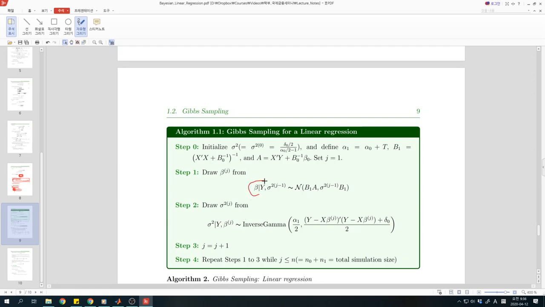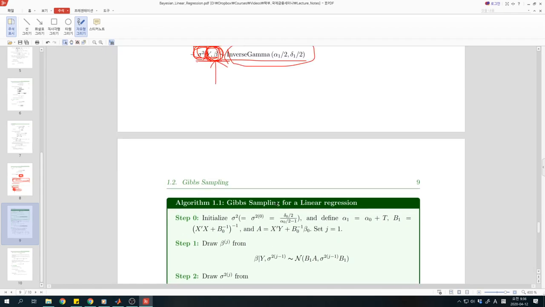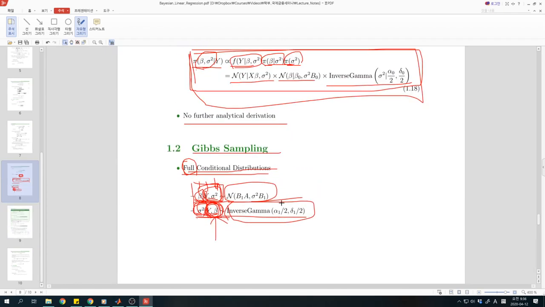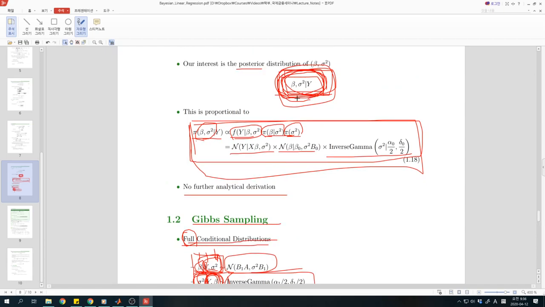Using those samples for beta and sigma square, we can compute their mean and variance, the mean and variance of the 10,000 samples. Then these are the mean and variance of the posterior distribution of beta and sigma square given y.